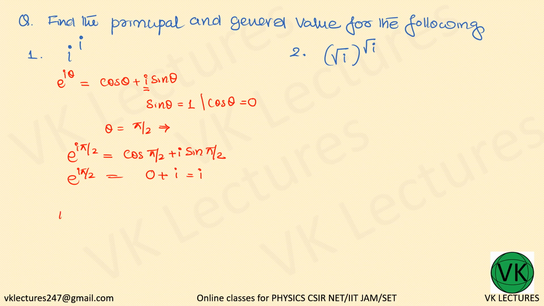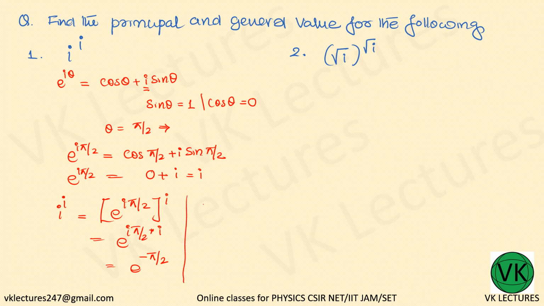Now i to the power i, so first we replace i with e to the power i pi by 2. So e to the power i pi by 2, whole to the power i. This becomes e to the power i pi by 2 times i, that's equal to e to the power minus pi by 2. This is the principal value. If you add 2n pi, you will get the general value.